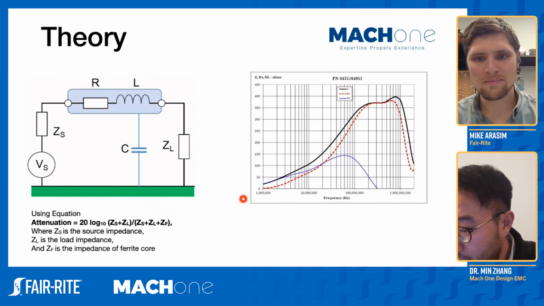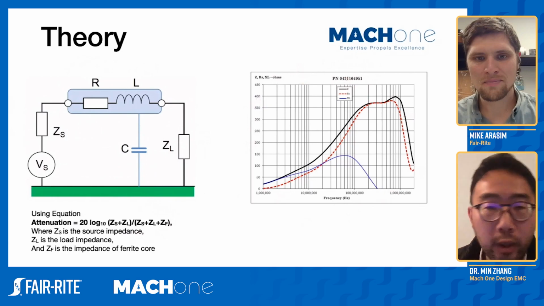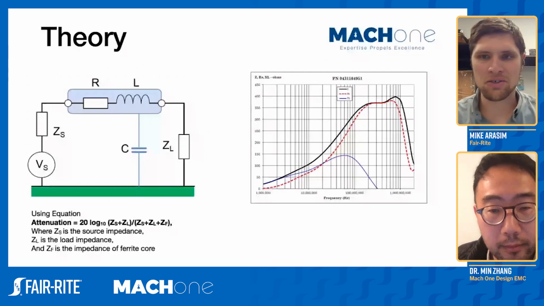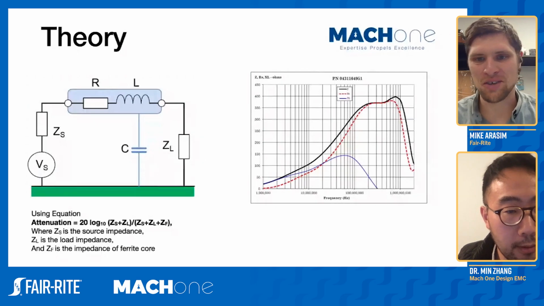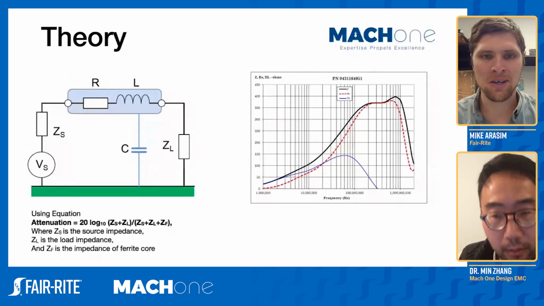So Mike, do you want to quickly explain to our viewers, if we look at this data sheet, what the most important information is here? Yeah, so it's always a somewhat difficult disconnect, right? Because as you said, we don't always know the exact details of the circuit.